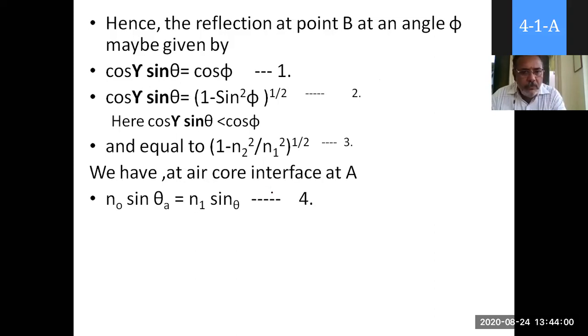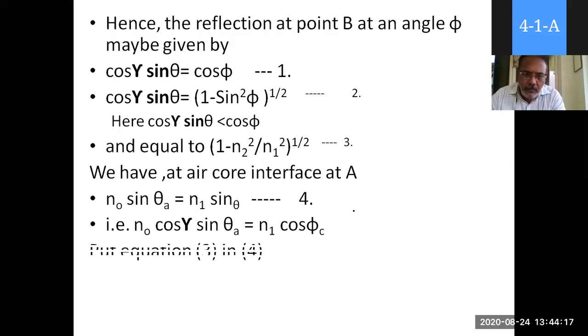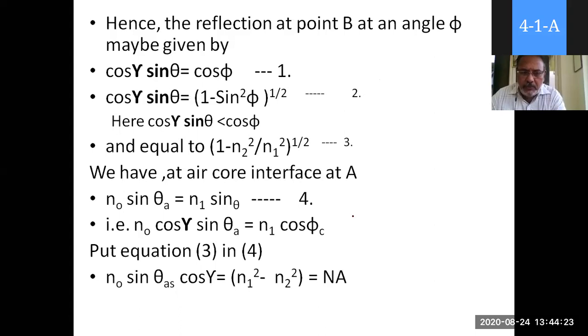Instead of sin theta, we add cos gamma sin theta. So in equation 4, we added cos gamma sin theta as we multiplied that, which is equal to n1 cos theta. Now this cos theta is substituted from expression 3 and we get the numerical aperture value.